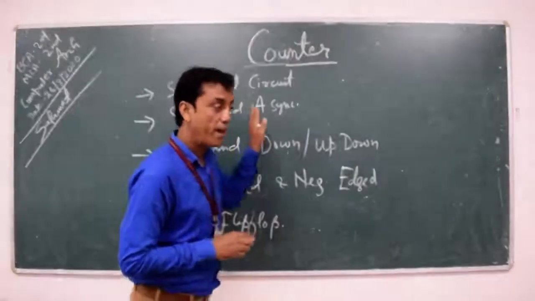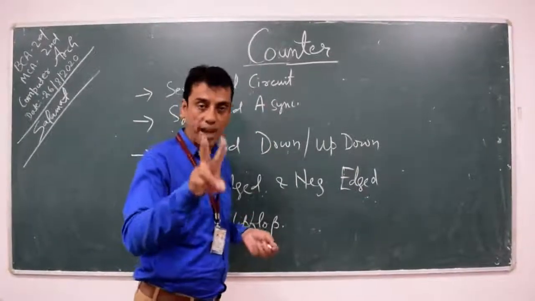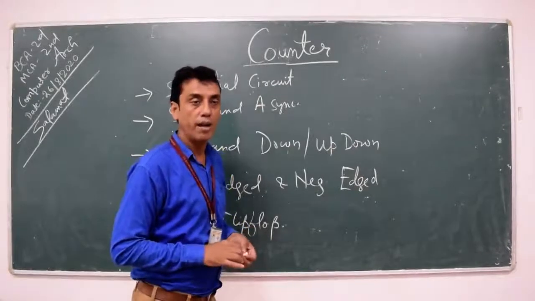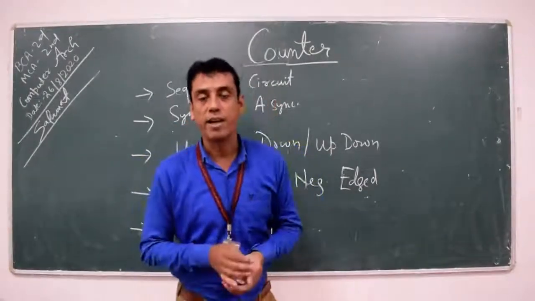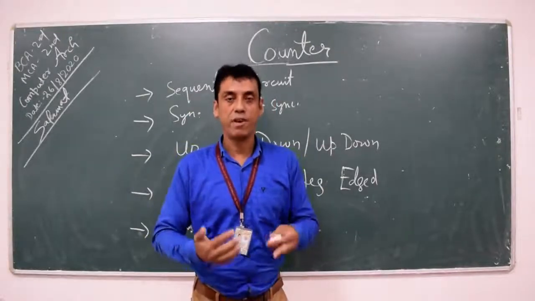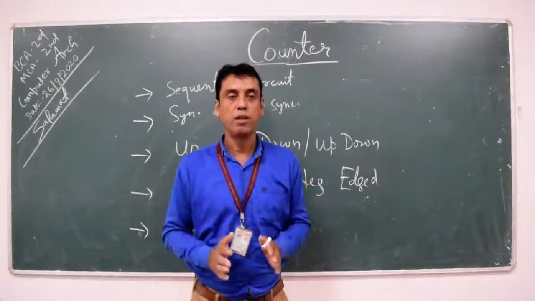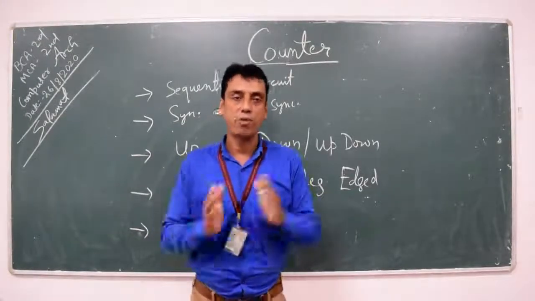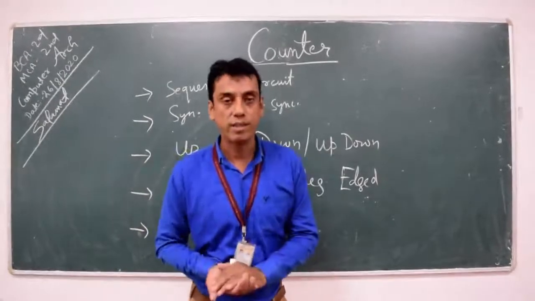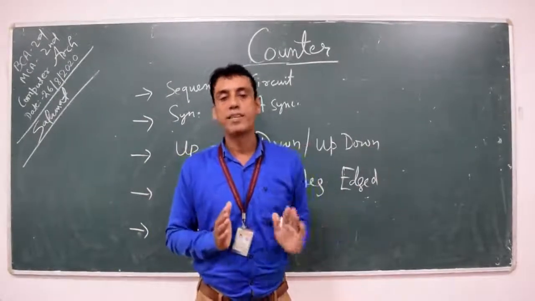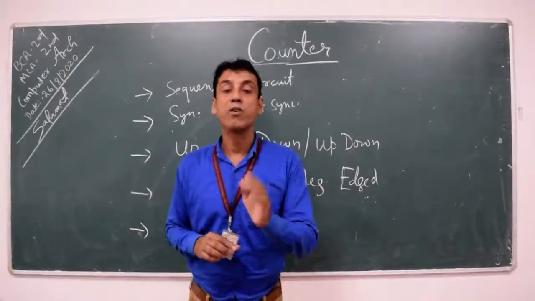The unfortunate part is that at the initial stage where we are just learning what is counter, it will not be possible to understand what is asynchronous and what is synchronous circuit. We start our study with asynchronous, but when we complete the session of counter, then we will end with synchronous.